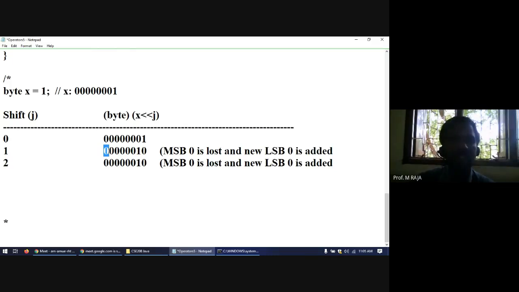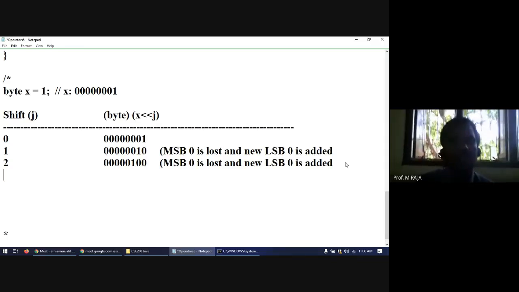This will be lost. So the remaining 7 bits are moved here. And what about the new LSB? The least significant bit is newly added with the value 0.